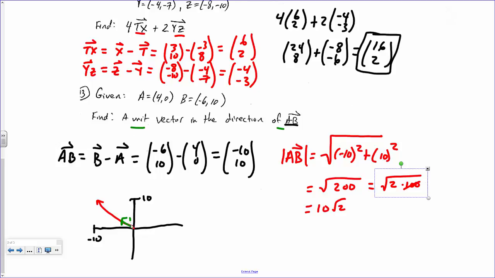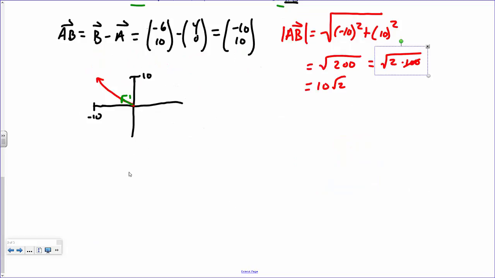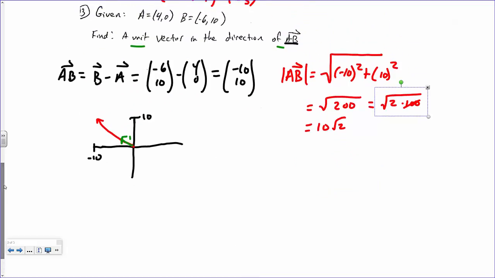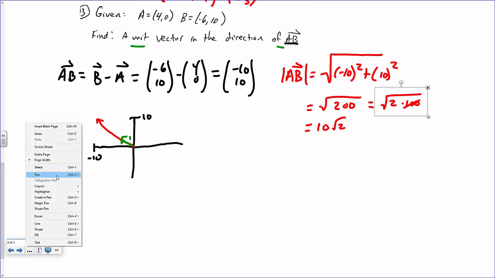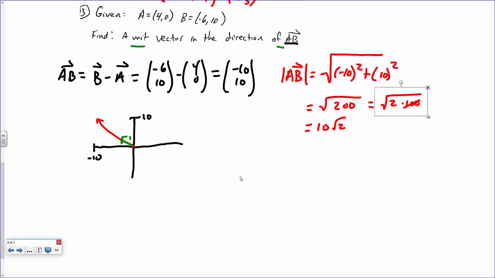And I want another vector that's going the same direction, except its magnitude will be 1 instead of 10 root 2. So what I'm going to do is create a unit vector, and this is how I'm going to go about doing it. A unit vector will be denoted with a hat most often.